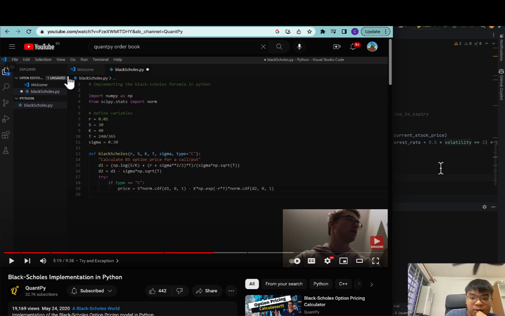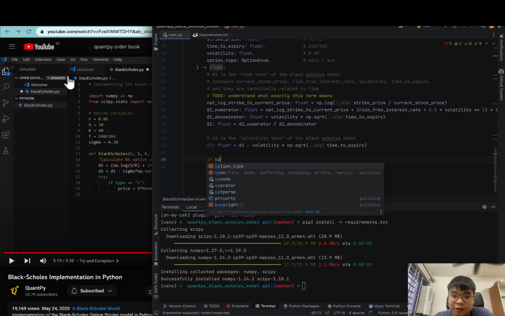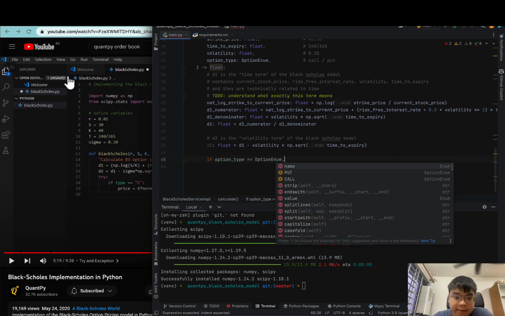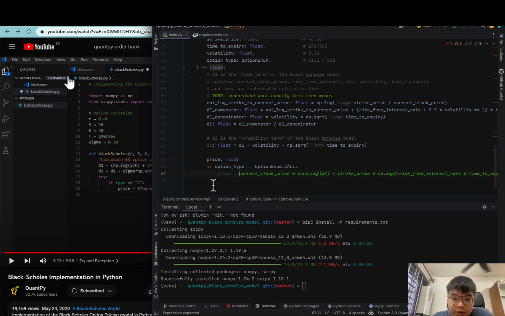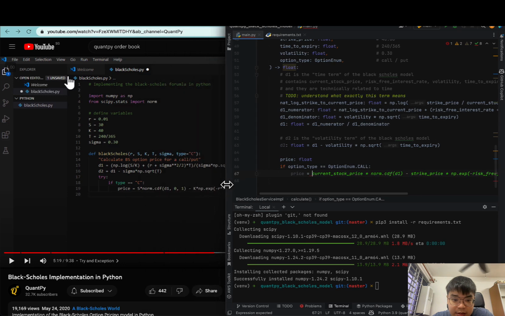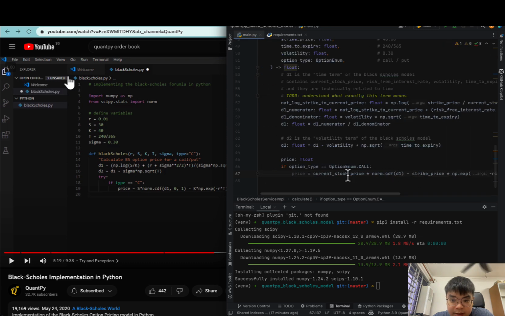Let's take a look at the documentation for a bit. If the option type is equal to OptionEnum.Call, then the price, which I assume is a float, is going to be equal to the current stock price multiplied by the normal distribution of D1.